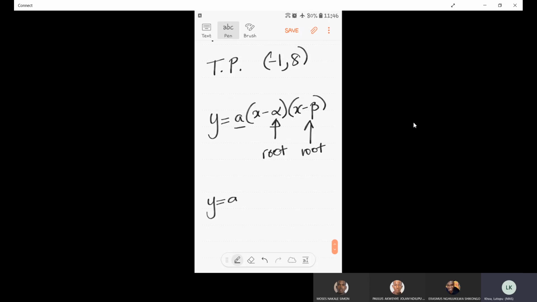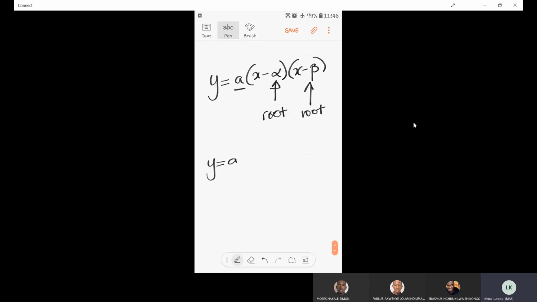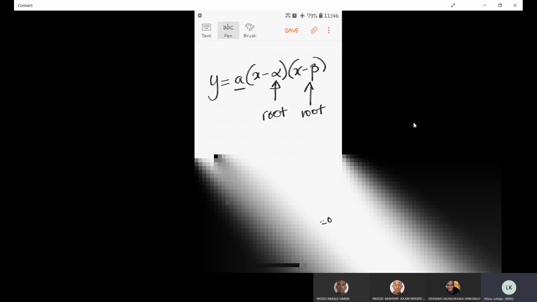Now this a over here: sometimes we get equations like (2x - 1)(x + 2) = 0. I will sometimes divide by 2, then I have (x - 1)(x + 2) = 0.